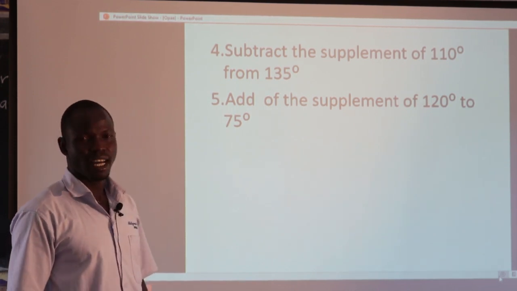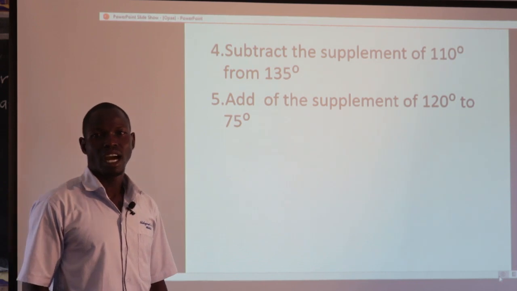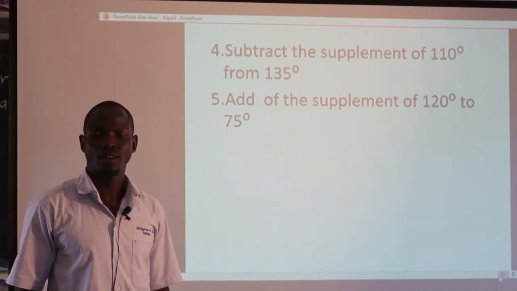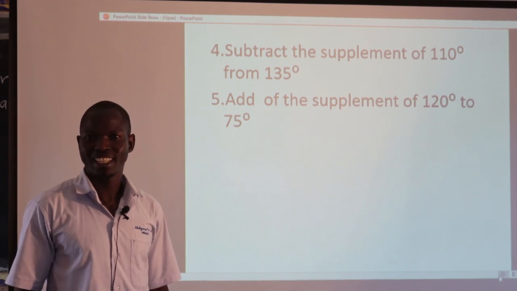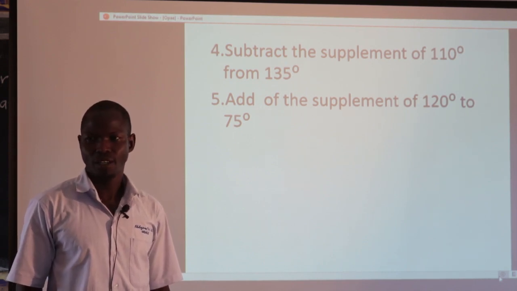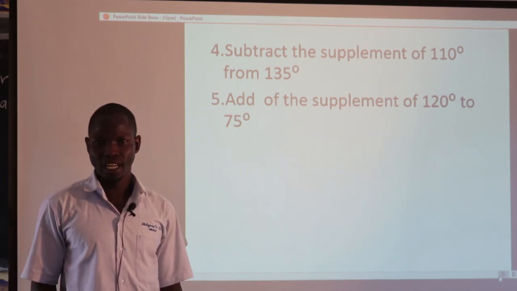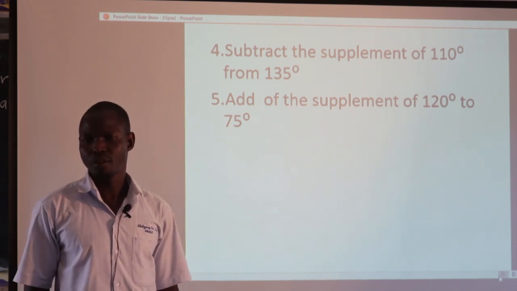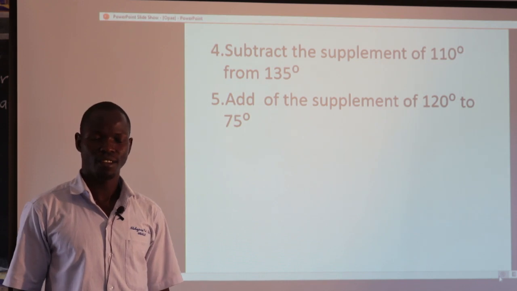Boys and girls, that is the end of our lesson 1 on how to find supplementary angles, or how to find the supplements of given angles. Please, when you're done with that activity, you move on to the second lesson.